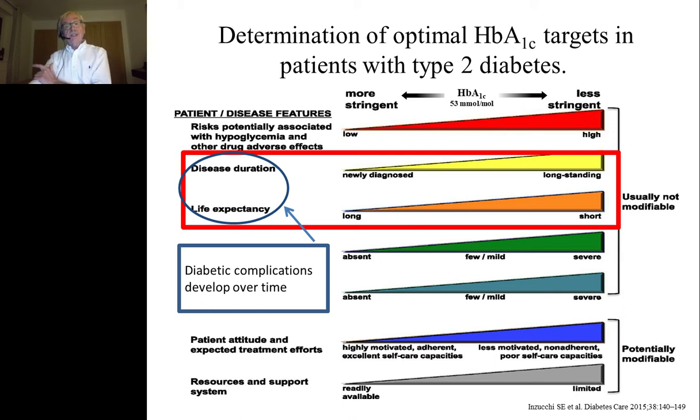If the patient is an older individual with long-standing diabetes, you can be less stringent with them because they've got less time to develop the complications. And also, their life is probably better served by giving them a bit more freedom in what they choose to do.